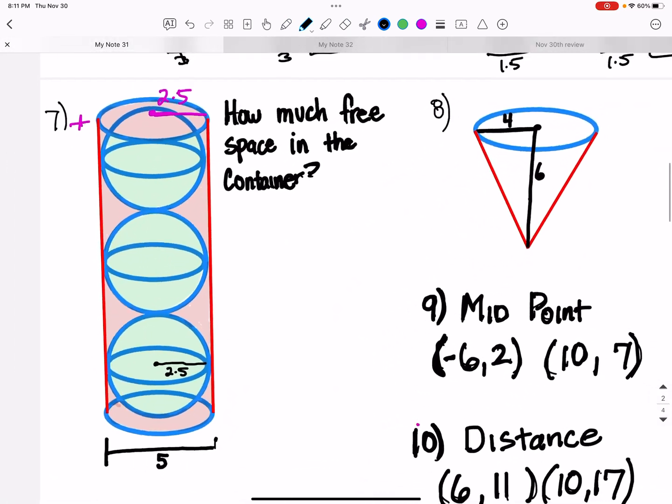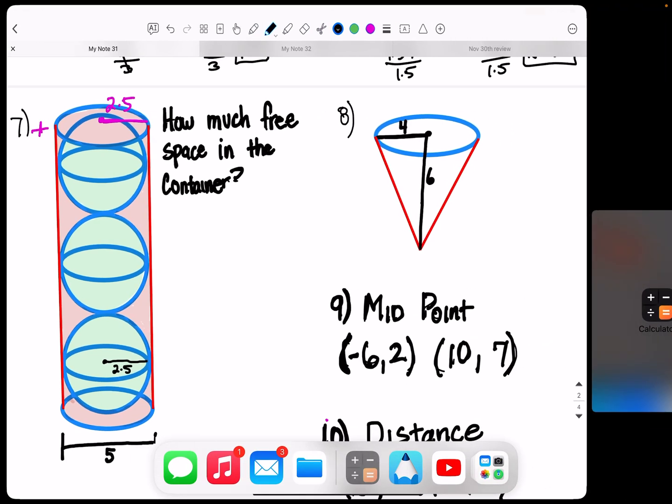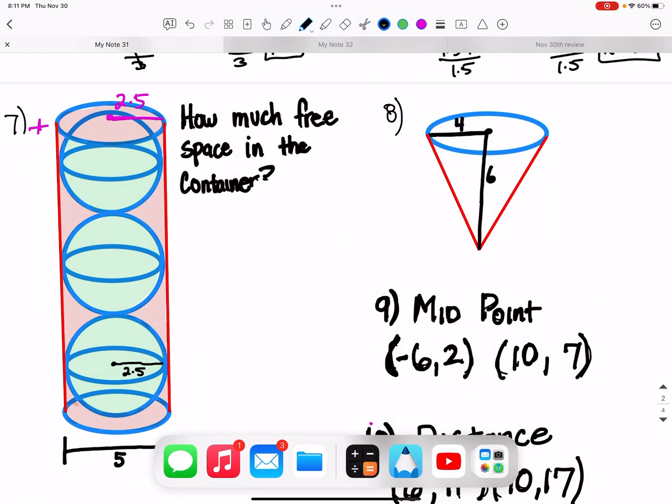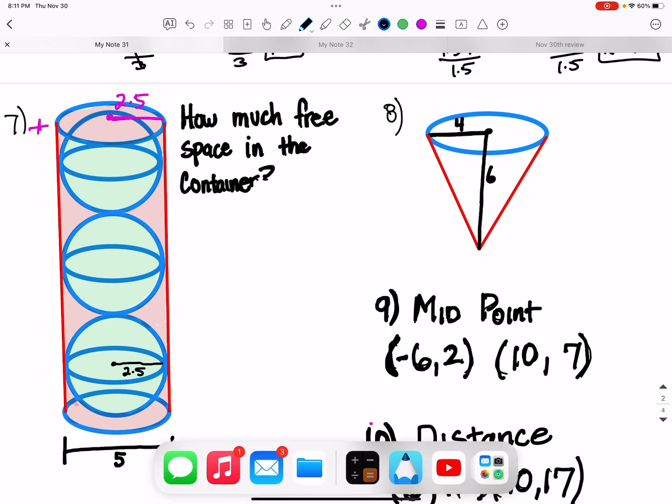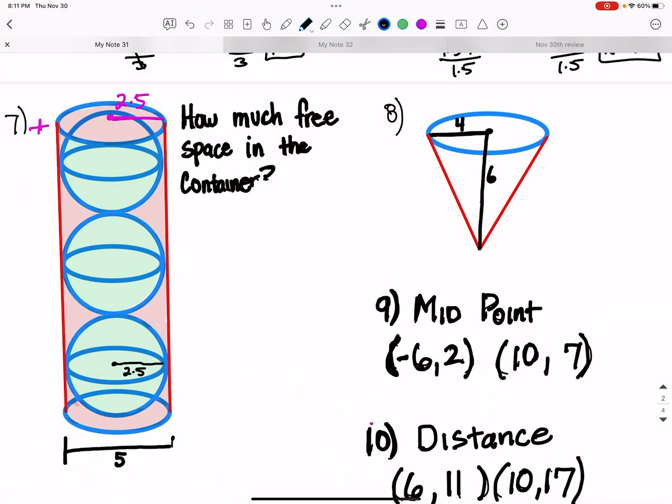All right, for number 7, here we go. Calculator problems. How much free space do I have in that one? First, how am I going to figure that out? I have to figure out the size of the container, the big red cylinder, and I'm going to subtract 3 tennis balls, or 3 spheres.